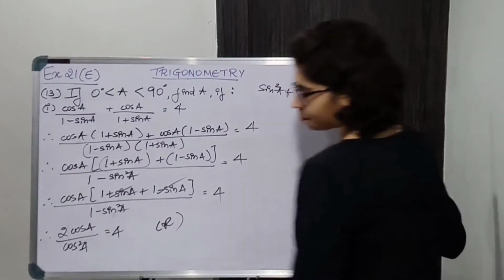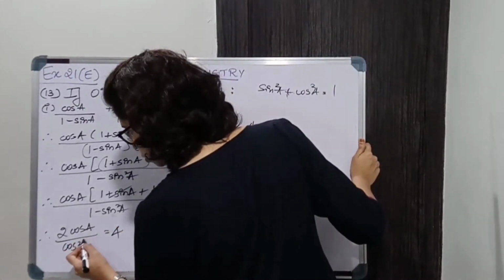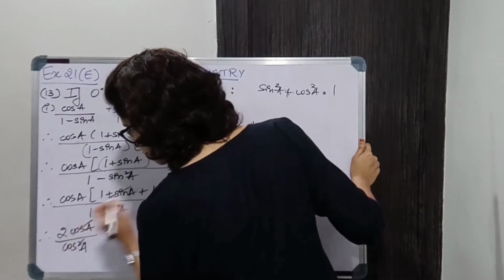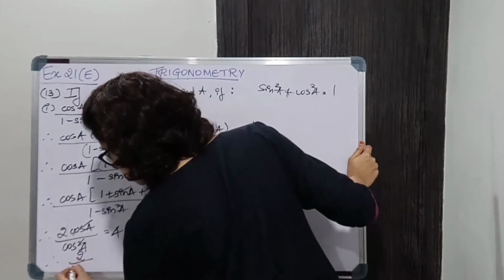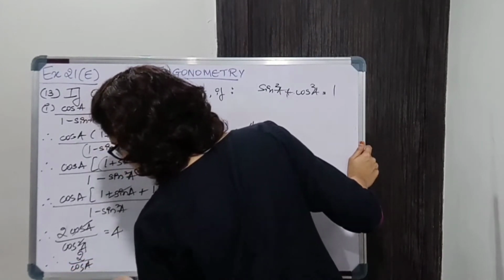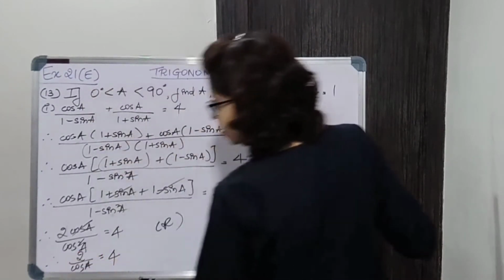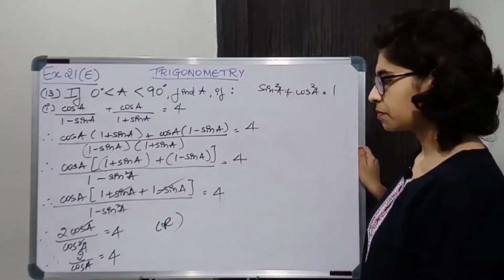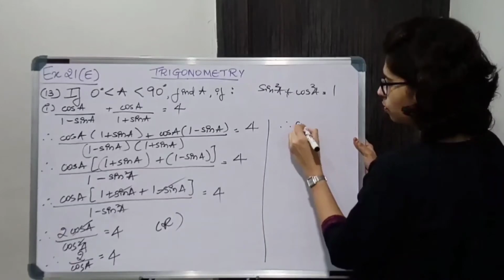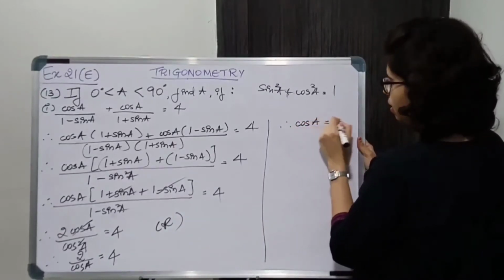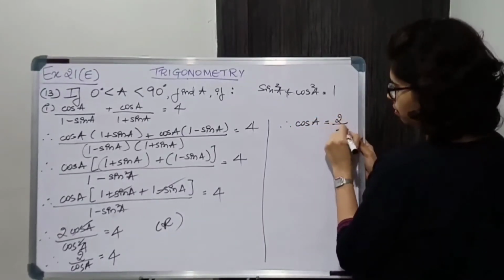Okay, we'll cancel out cos A. What do we have now? 2 upon cos A is equal to 4. Therefore, cos A is equal to 2 upon 4.